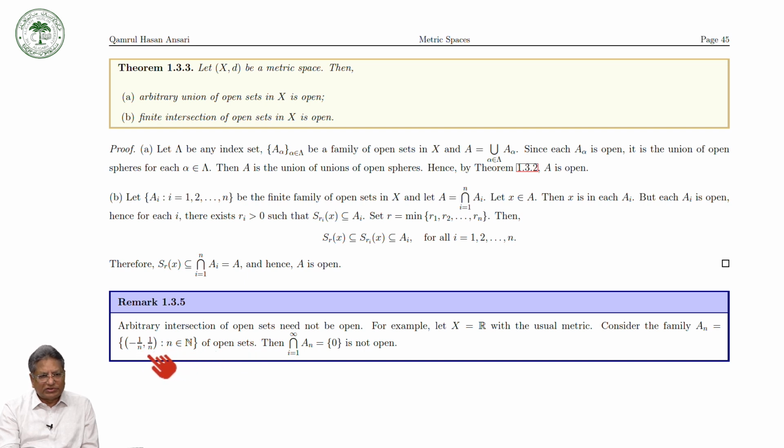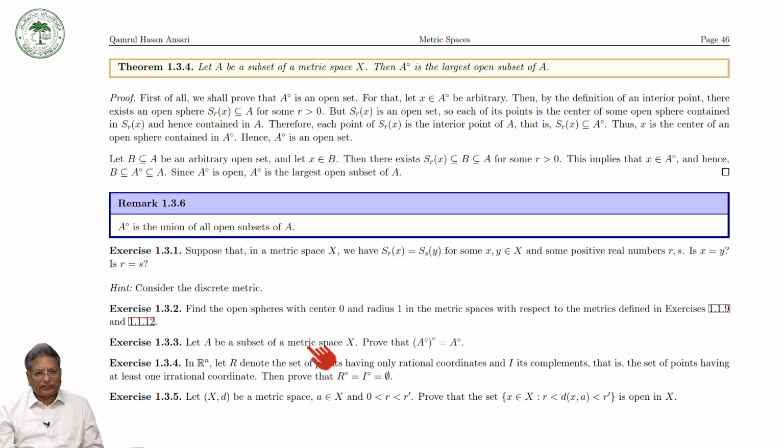And then you can easily see that the intersection of this family A n is equal to the singleton set {0}, and we have seen that a singleton set is not an open set. So the singleton set consisting of 0 is not an open set, and therefore it can be seen that an arbitrary intersection of open sets need not be open.